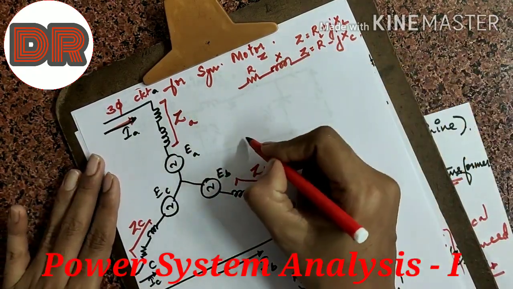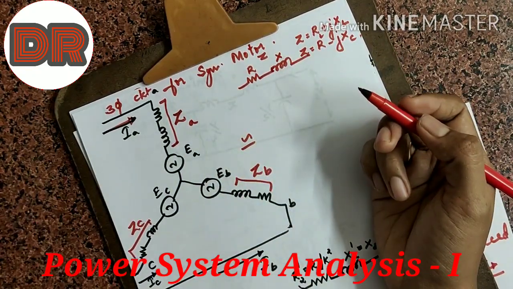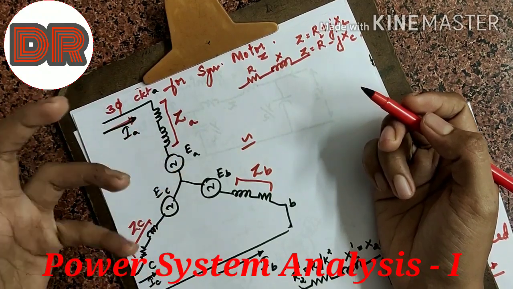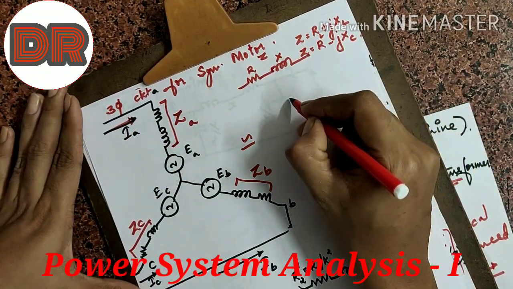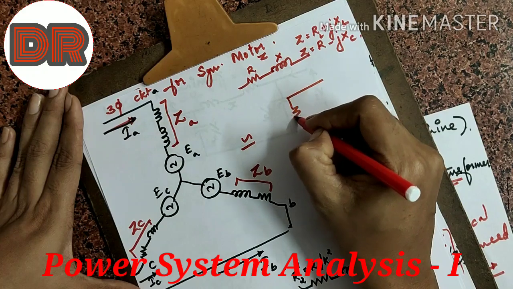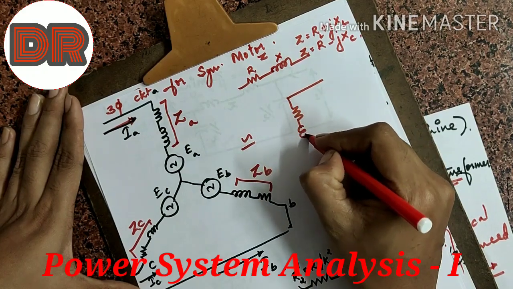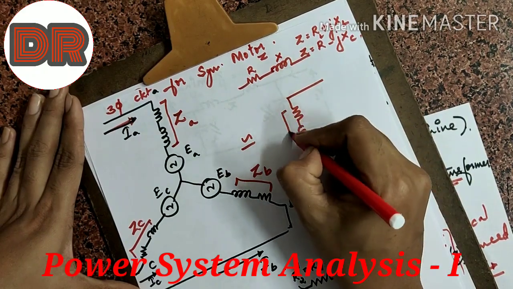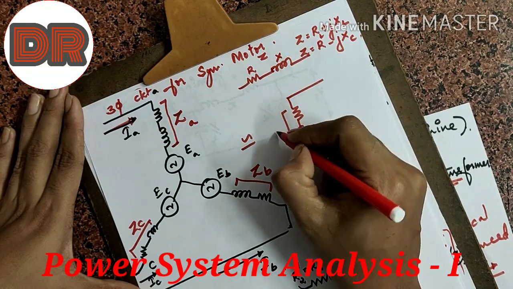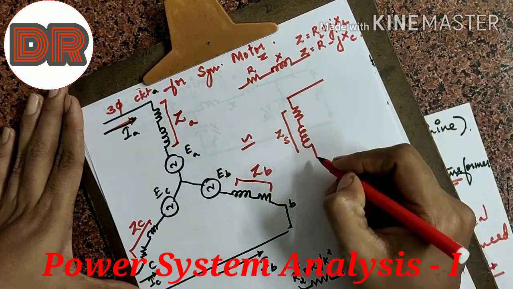Now the equivalent single phase circuit of this component, the synchronous motor, can be represented as follows. The impedance is again a resistor and reactance. I can write this as ZS, or you can represent it as ZM also.